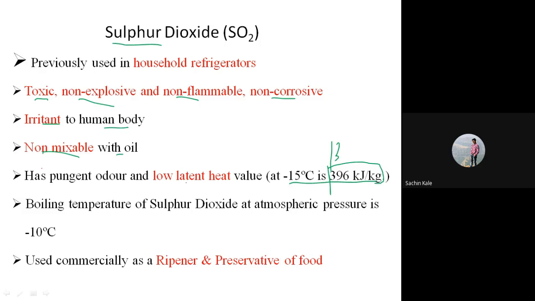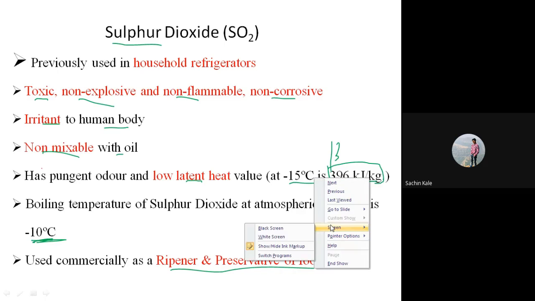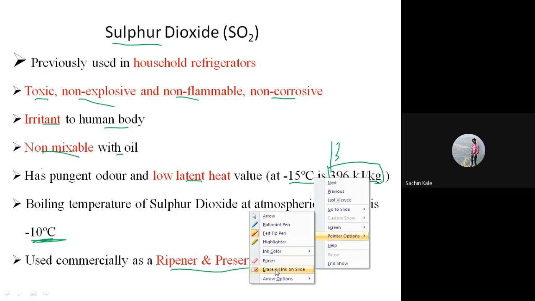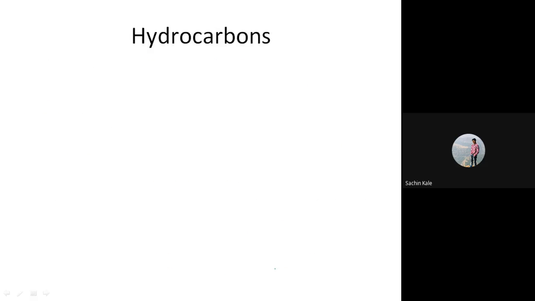So it has a low latent heat of vaporization. The boiling point temperature of sulfur dioxide is minus 10 degrees centigrade, and it is commercially used as a ripener as well as a preservative of food. Those are some of the common properties related to sulfur dioxide.